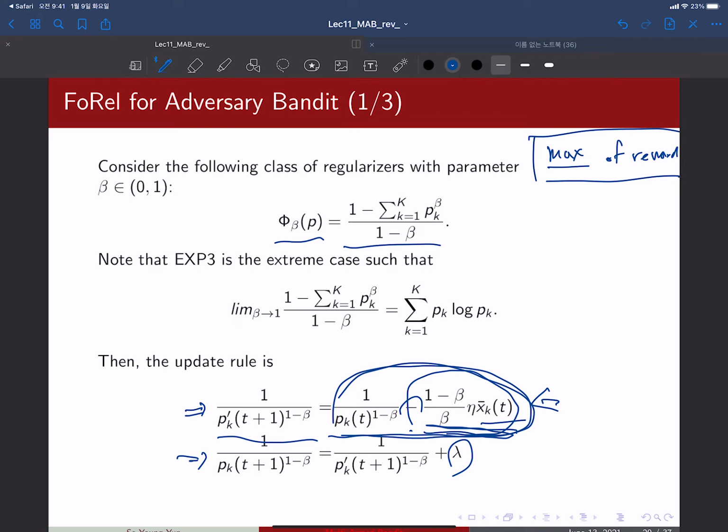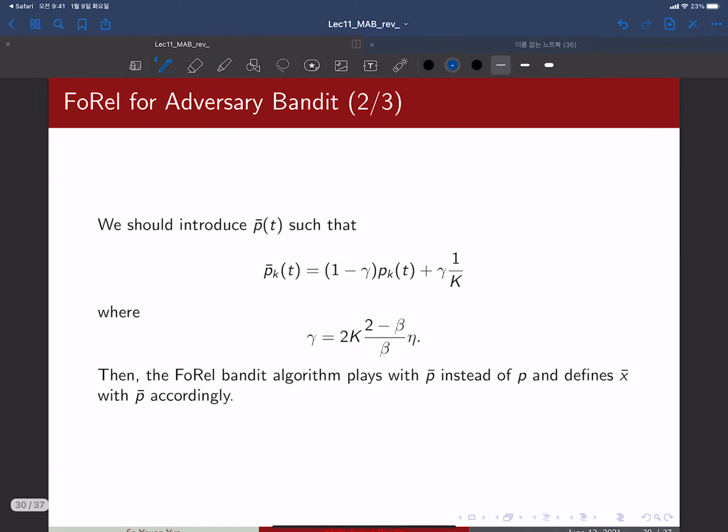Otherwise, if you want to keep the same regret and you don't want to subtract the max of reward all the time, there is still a possible way to do this simple update rule using a very interesting trick. So let's say our reward is between 0 and 1.